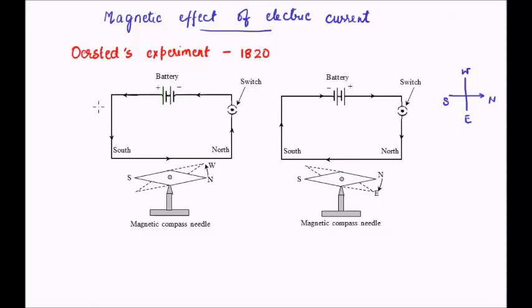What he did is that he attached a battery to a wire, and when the connection is switched on, that is the switch is on and the circuit is complete, current will flow from the positive terminal to the negative terminal.